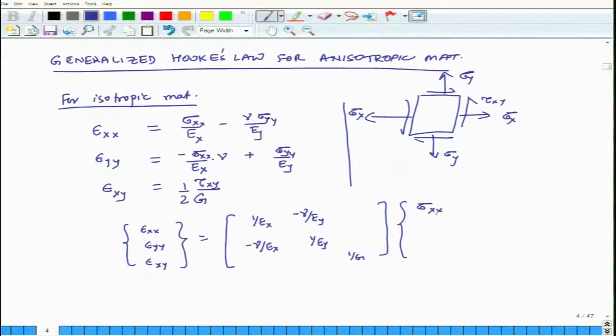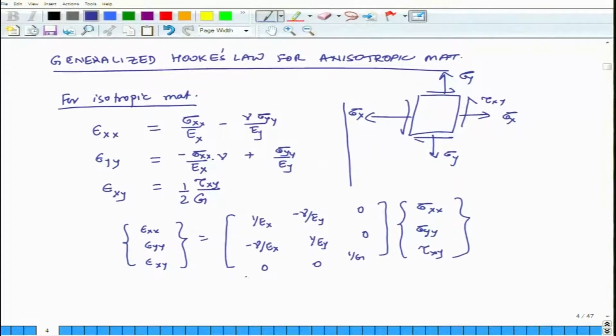So, sigma x x, sigma y y and tau x y. Okay. So, this is a 3 by 3 matrix, because here I am having only stresses and strains only in 2 directions.